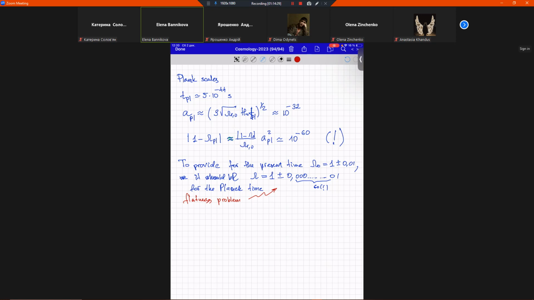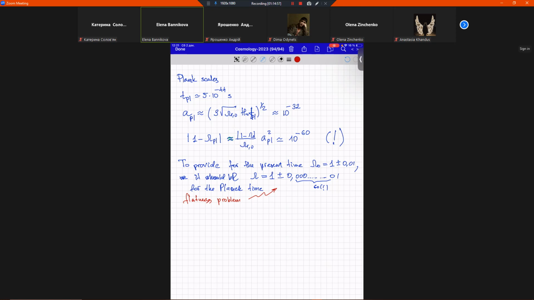And of course, the church, religion, people in church, they were happy because they said, look, this is exactly the proof of God's existence, because only God could put all the parameters in such a way that the universe finally will become flat.